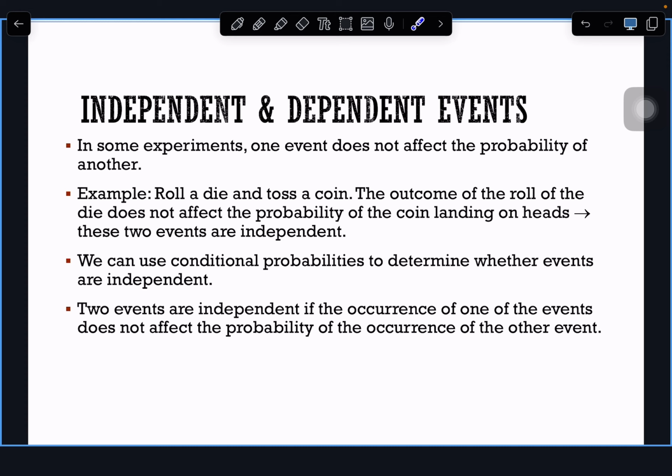I think in bahasa they call it tidak bersandar. Okay. So independent is, the strong keyword here is one event does not affect the probability of the other.